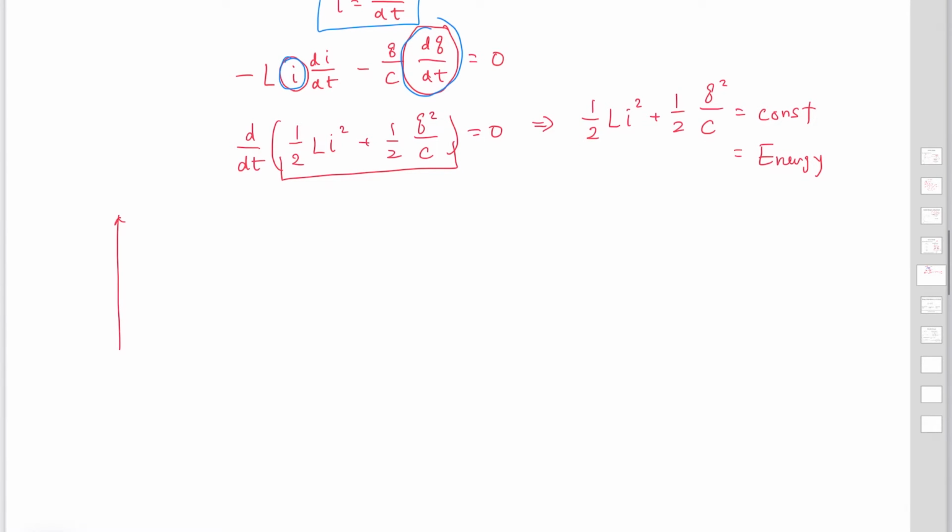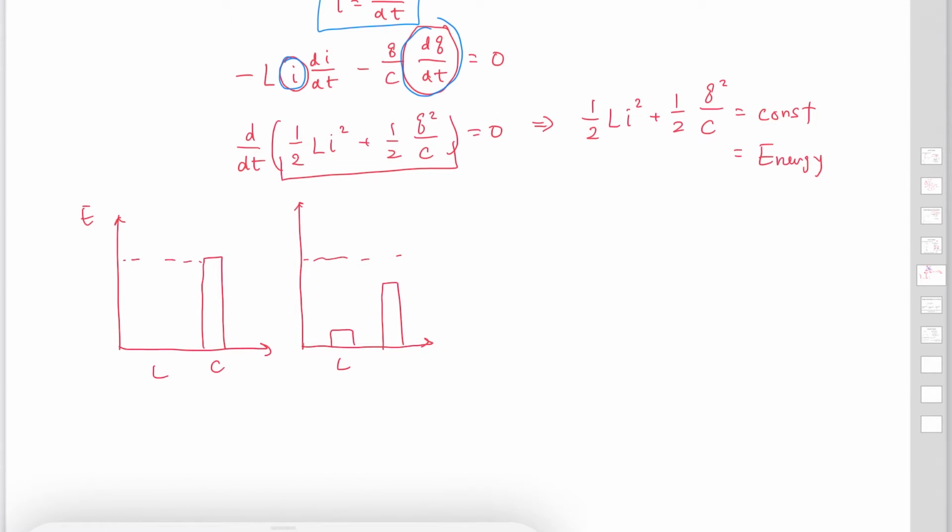When the energy is stored in the capacitance, that is the total amount of energy. With time, total energy should be constant. Some of the energy is transferred to the coil and the total energy doesn't change. So this energy is moving to the inductance. At that time, the charge of the capacitor is 0 and the total energy is in the coil.